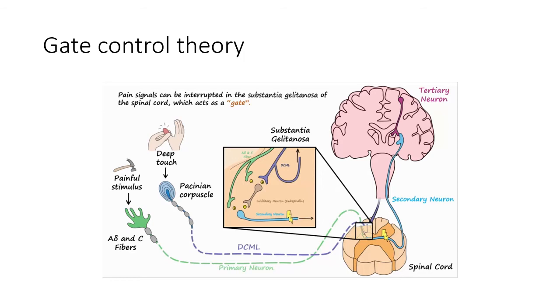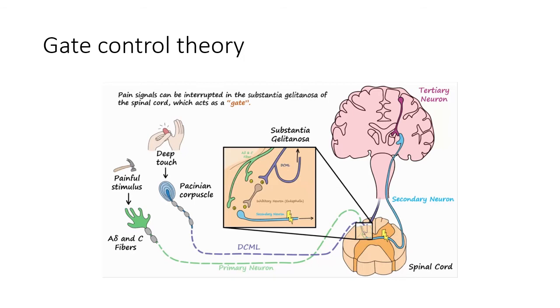This action potential travels up as the tractus spinothalamicus, and then we see the second synapse between the secondary neuron, the blue one, and the tertiary neuron, that's the one in purple, and the lateral nuclei group of the thalamus, where then at last it's transported to our sensory cortex, which makes us aware of the pain.